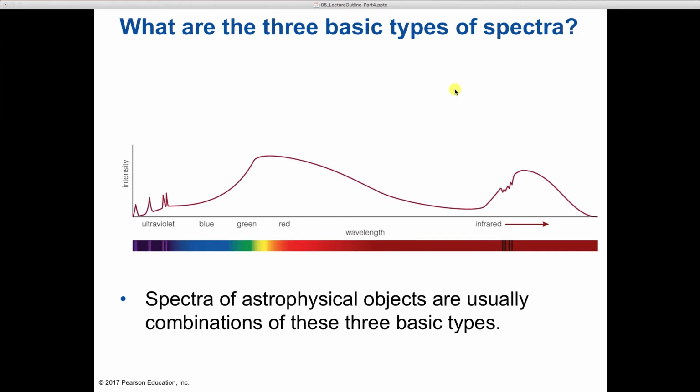So when we look at an overall spectrum of something, we often see a combination of things, but we can break the spectrum down into three different classes of spectra. This figure is a little complicated, but what you're plotting is the brightness as a function of color or wavelength.